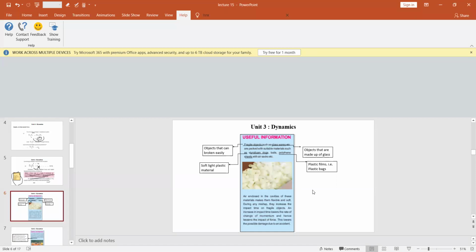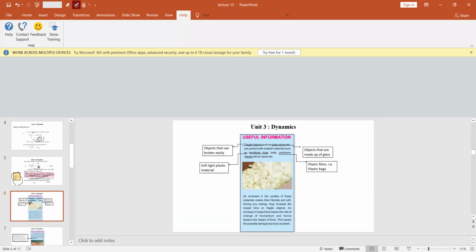Air enclosed in the cavities of these materials makes them flexible and soft. During any mishap, they increase the impact time on the fragile object. An increase in impact time lowers the rate of change of momentum, and hence lessens the impact force. This lowers the possible damage in an accident. So what happens is, some mishap might happen and the object might fall.